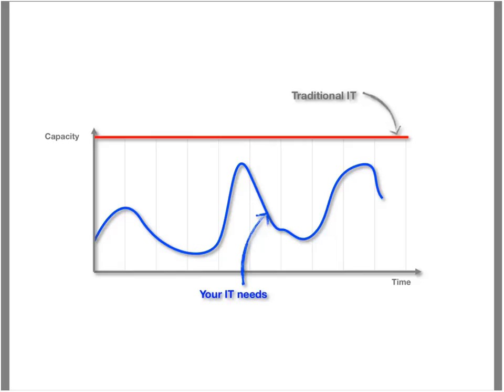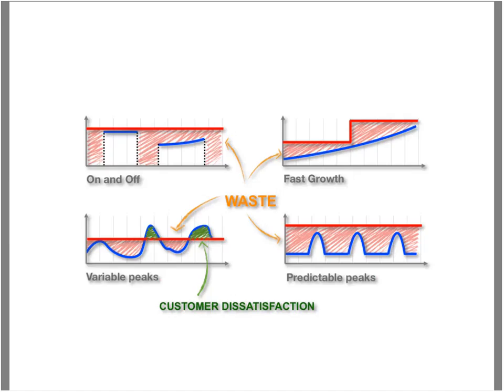But very rarely is it going to be always steady state. So in this model, what you see is a fair amount of waste, whether it's on and off type waste, or fast growth waste, or variable peak, or predictable peak. You're either over-provisioned, which is expensive, or under-provisioned, which is dissatisfactory to your customer experience.